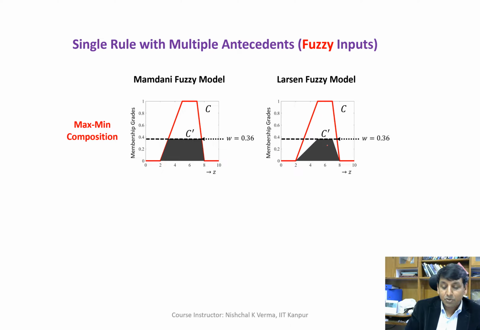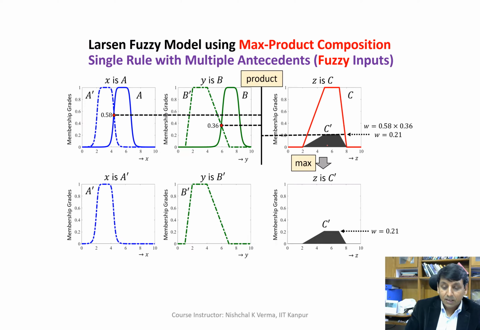And here the input is the fuzzy input. In this case, let us use the other composition, that is max product composition instead of max min composition.